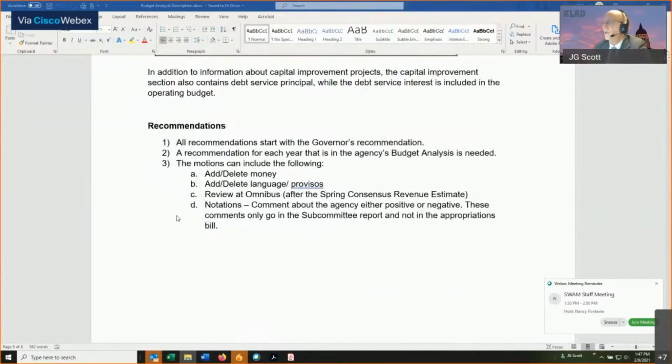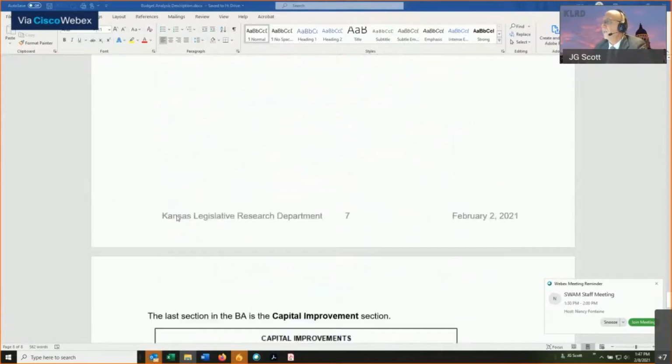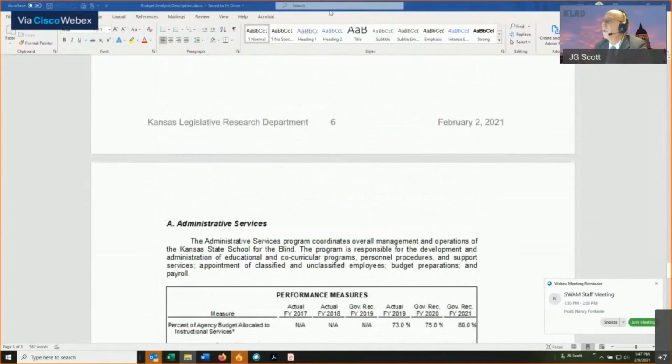Once again, then what the agency requested and what the governor recommended. So just going through real quickly, that is a quick overview trying to give some basic information quickly on the budget process and the information that Norma will be presenting shortly.